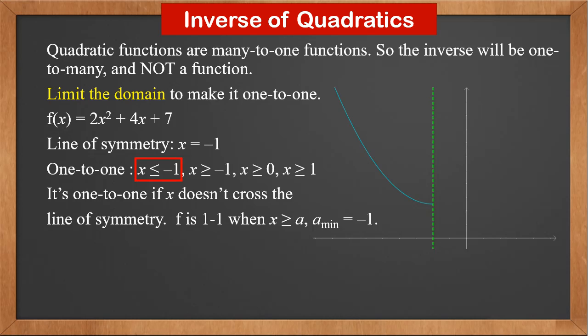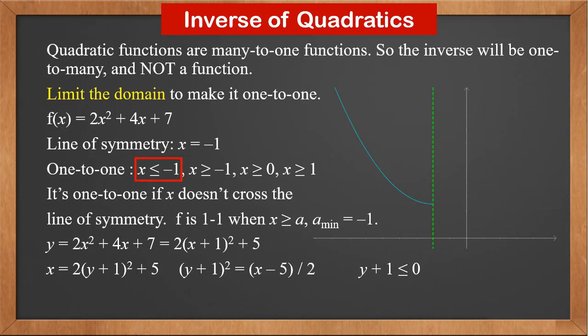Now let's find f inverse when x is less than or equal to minus 1. We do this by completing the square. Let y equal f of x. By completing the square, we get y equals 2 times x plus 1 squared plus 5. Swap x and y. We get x equals 2 times y plus 1 squared plus 5. So y plus 1 squared is x minus 5 over 2.